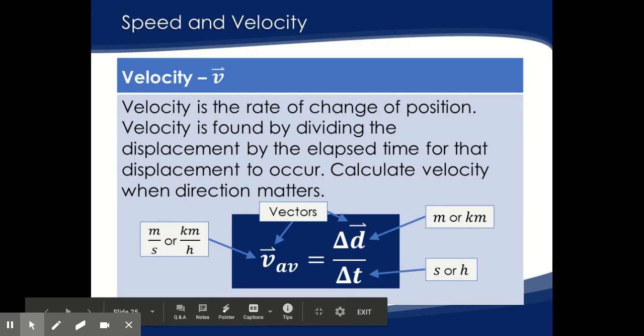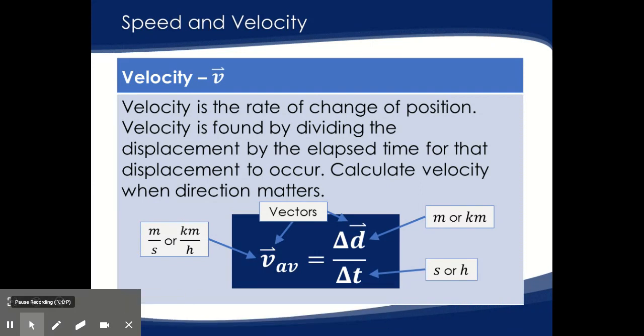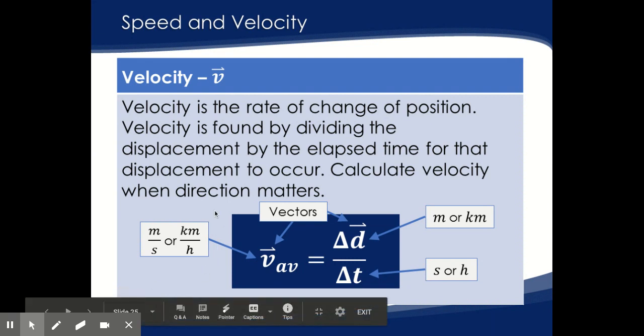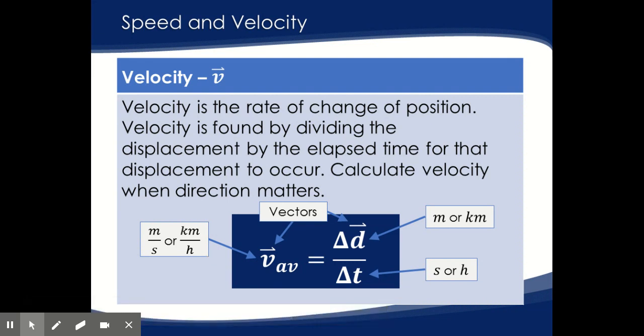Velocity is darn near exactly the same formula. We have the same setup here, except you notice this has a little hat on top, and so does this one, little arrows. So that's designating that they're vectors, and that there should be a direction associated with those. So again, same units here for velocity, and 9 times out of 10 in physics, we're using the velocity, not just the speed.